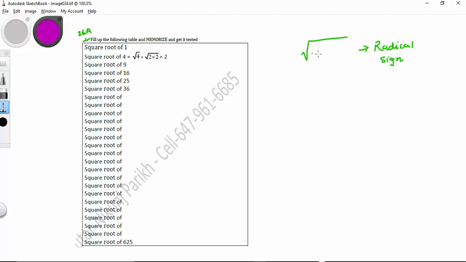Now, if I write any number in this radical sign, for example, I have written 4 within this radical sign, then I can read this as square root of 4. If I write 9 within this radical sign, then I can read it as square root of 9.